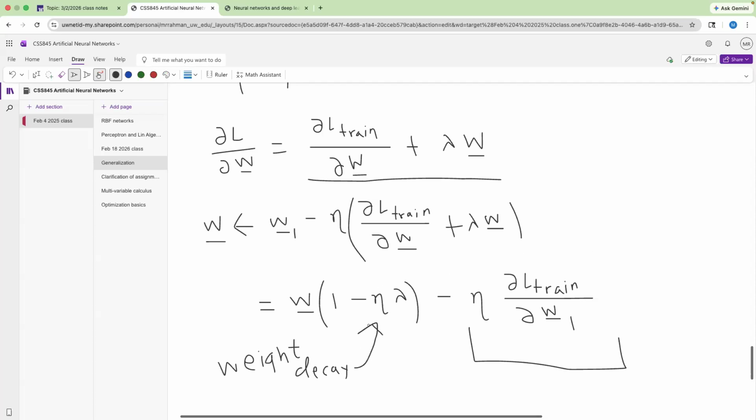So this weight decay comes from the regularization term, and this original term comes from finding the derivative of the training loss and moving in the direction opposite to the gradient to do the regular gradient descent, right? So that's what happens in this L2 regularization.